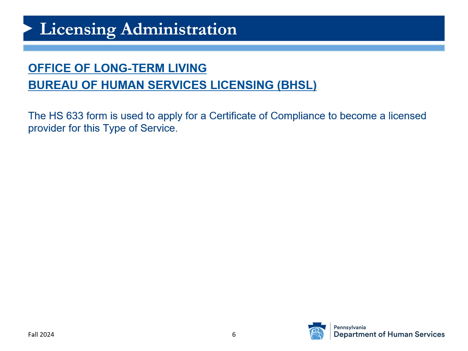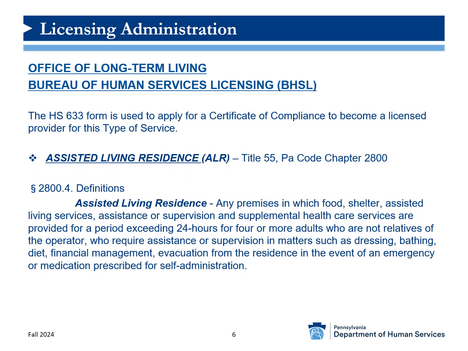The Office of Long-Term Living, the Bureau of Human Services Licensing, or BHSL, again uses the HS 633 form to apply for a Certificate of Compliance to become a licensed provider for assisted living residences, and the definition of an assisted living residence is listed here.